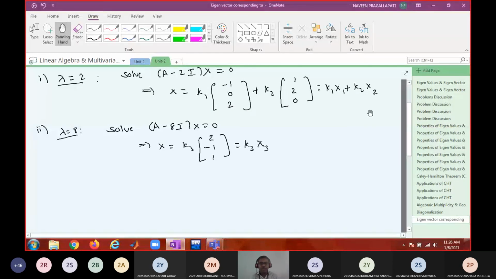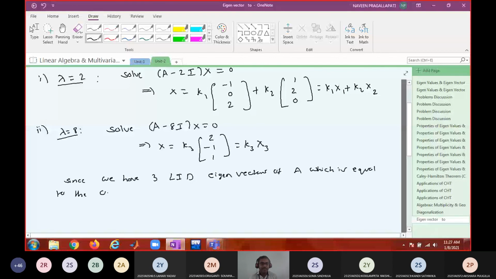Now you got 3 independent eigenvectors, therefore the matrix is diagonalizable. Since we have 3 linearly independent eigenvectors of A, which is equal to the order of the matrix, A is diagonalizable.